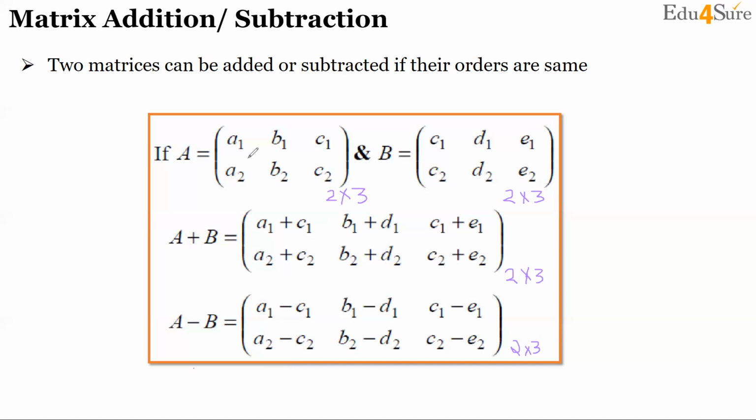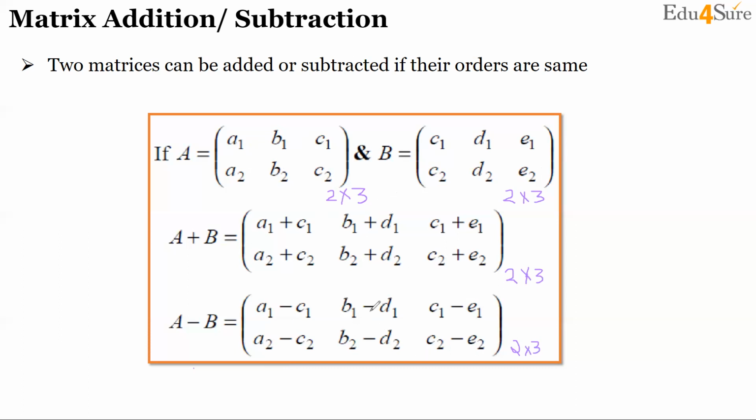So how can you do the addition? A1 plus C1, B1 plus D1. So element wise, you are going to do addition. C1 plus E1, A2 plus C2, B2 plus D2, C2 plus E2. So like this, you are going to do addition.